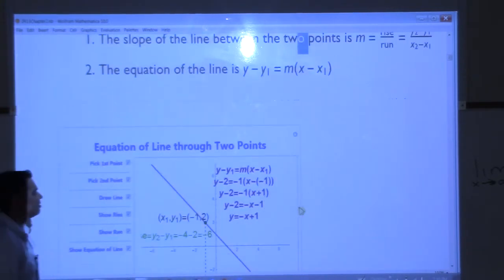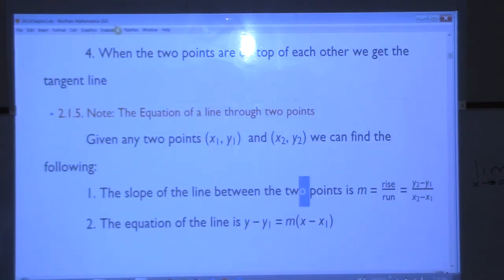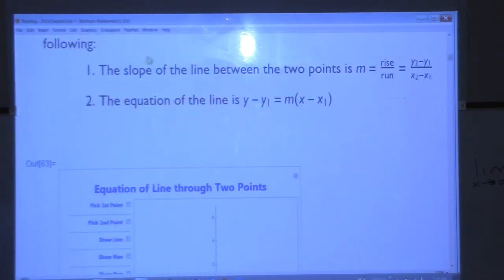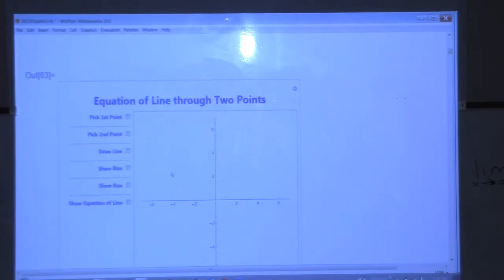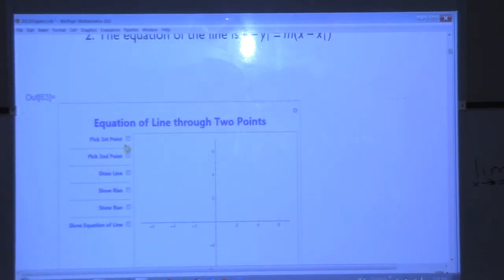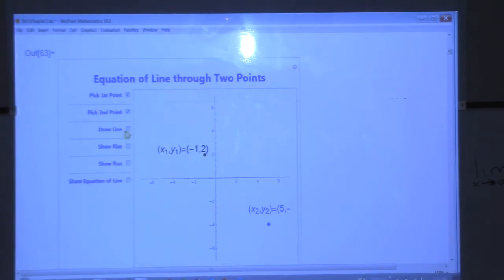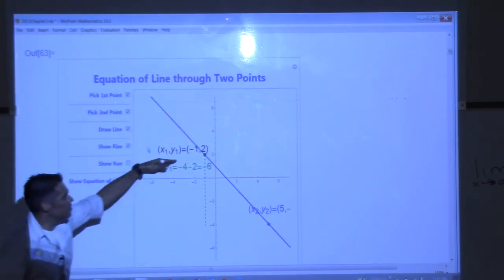So let me reevaluate this. This should not all be already opened up. Okay, there we go. Okay, so we know this. Again, this is a recap. If somebody gives you a point x1, y1, another point x2, y2, we can draw a line. We can find the rise, which is the difference of the y coordinates.